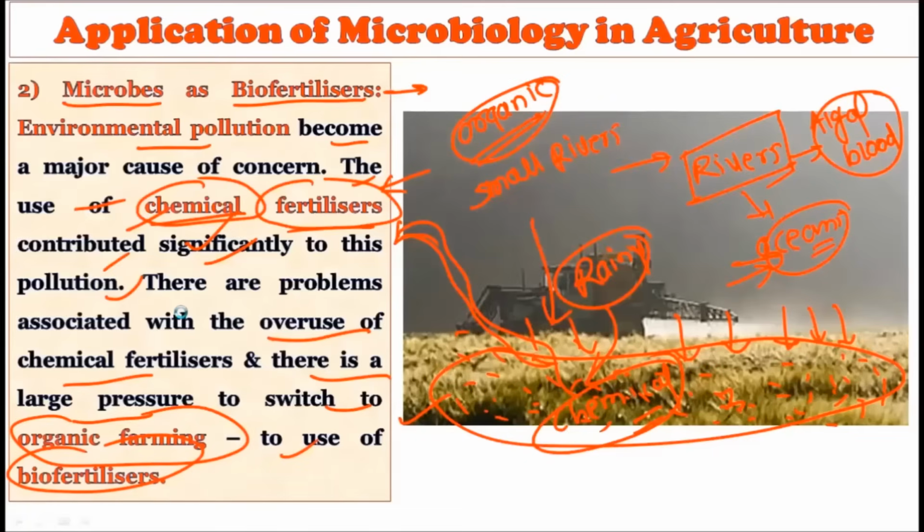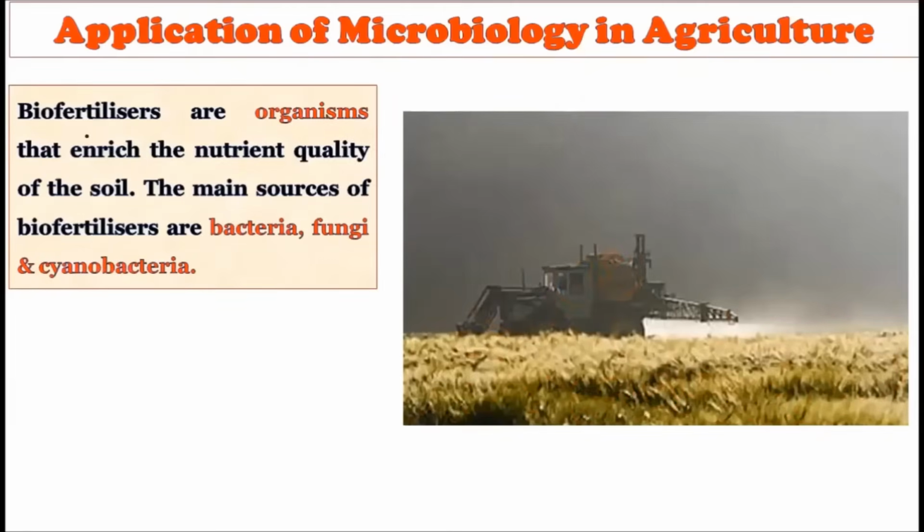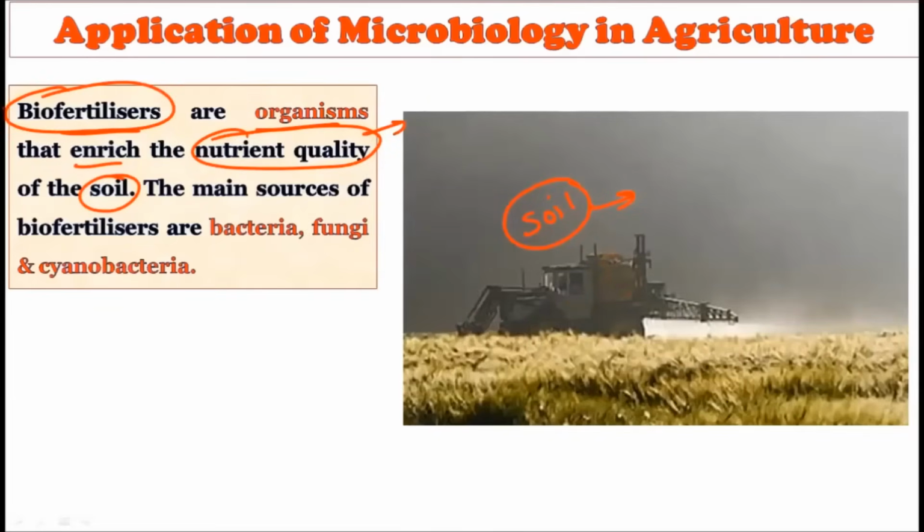Okay, now see which microbes. Now the biofertilizers are the organisms that enrich the nutrient quality of the soil. मतलब whatever the soil is there, if these organisms increase the nutrient quality of the soil, then they are called biofertilizers. That is, the nutrient pool of the soil is greatly enhanced by using these organisms.